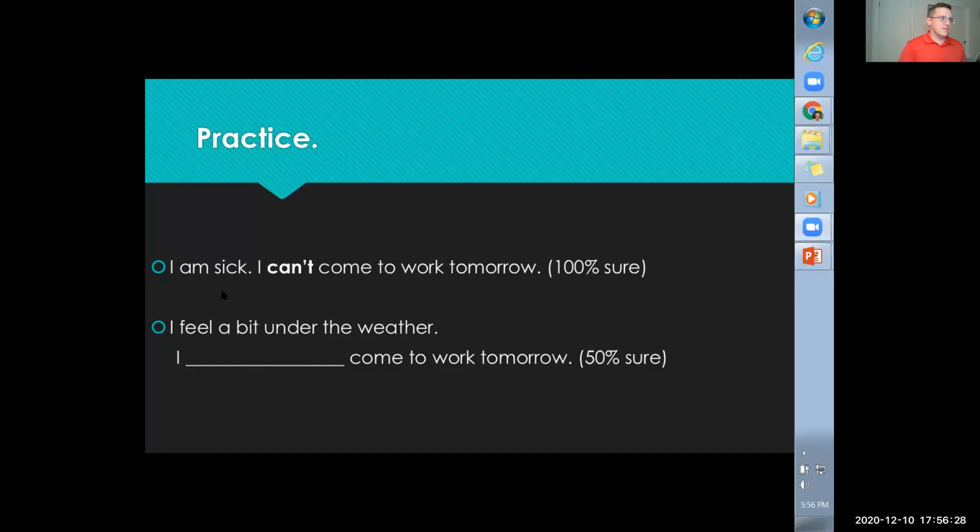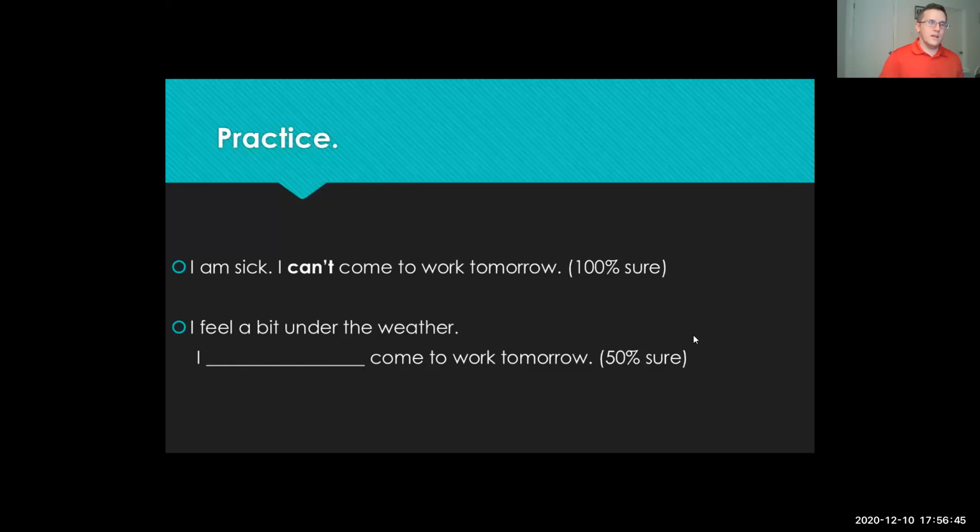I am sick. I can't come to work tomorrow. So you're 100% sure, I cannot come to work tomorrow. I feel a bit under the weather. Okay, now I'm 50% sure.